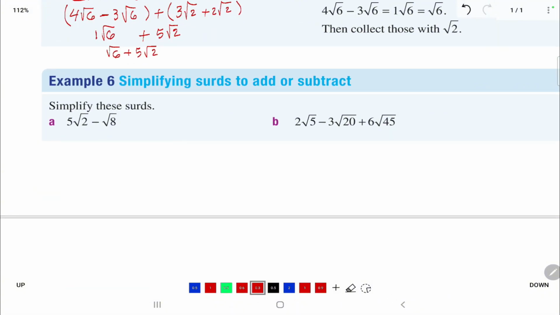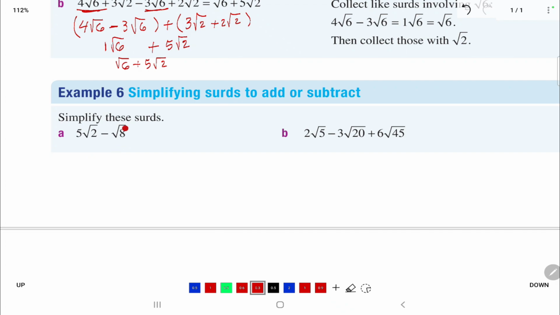Now here you see, I can also simplify 5 under the square root of 2 minus the square root of 8. I'll solve this one like this: 5 under the square root of 2, it is the same, minus this one I can write as 4 multiplied by 2.